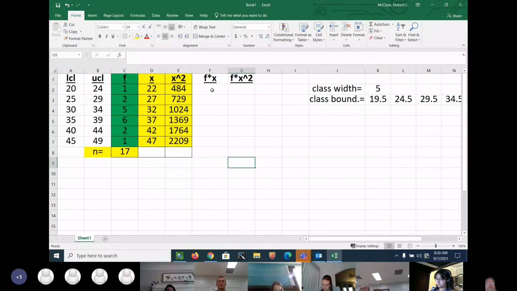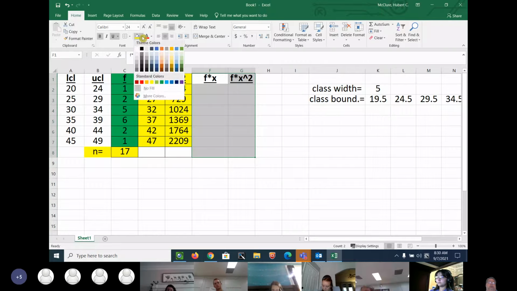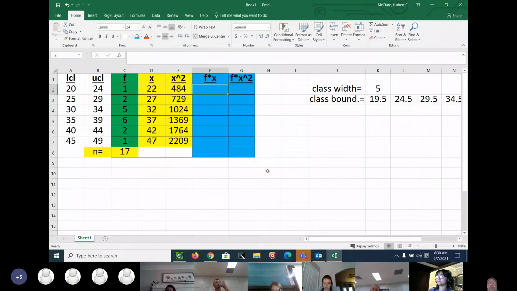And now we're going to do F times X. These are our formulas, so I'm going to highlight those aqua, because we have to calculate these. So F times X is equal to F times X, and copy that down.